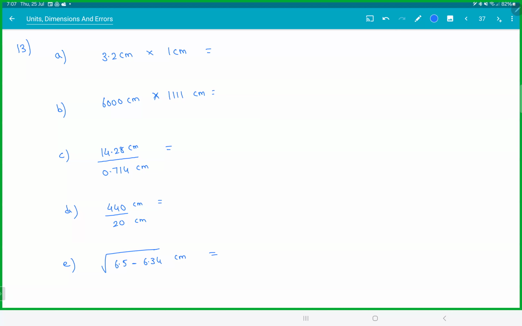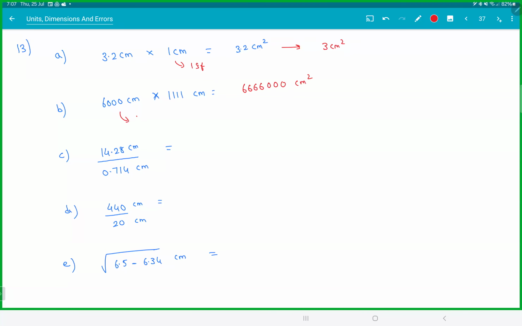Let's see. First one: 3.2 into 1 is 3.2 centimeter square, but this is only 1 SF. So we need to round off to 1 SF, so that is 3 centimeter square. This thing would be 6666000 centimeter square.